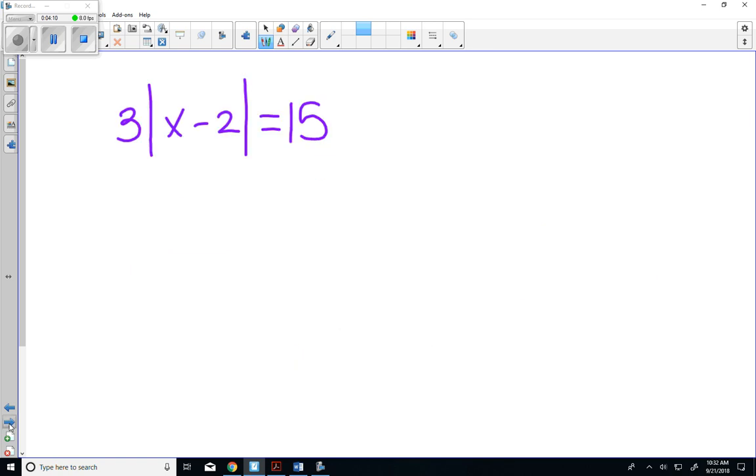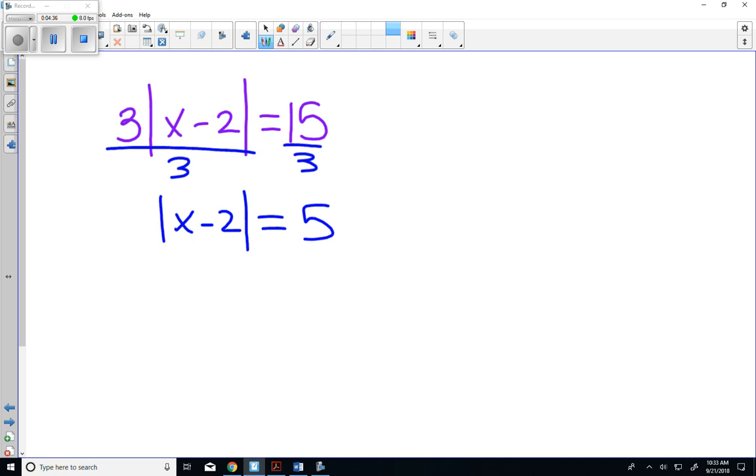All right, so let's move on to this one. Here we have 3 times the absolute value of x minus 2. So the first thing we'd want to do here is divide by 3. Now we have the absolute value of x minus 2 equals 5.